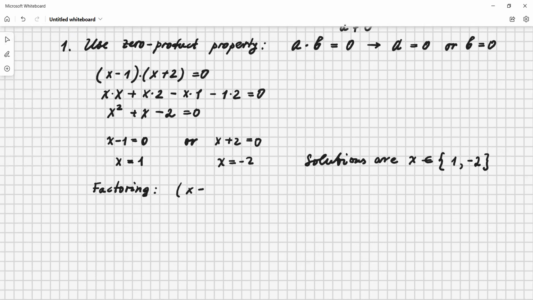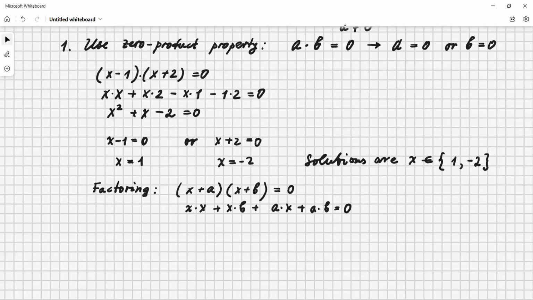Imagine that we have x plus a, like we have over here, and x plus b, just numbers, equals 0. What kind of equation are we going to have in this case? Instead of -1 and 2, I put just general letters a and b. If we do the multiplication, we get x by x plus x by b plus a by x and plus a multiplied by b.